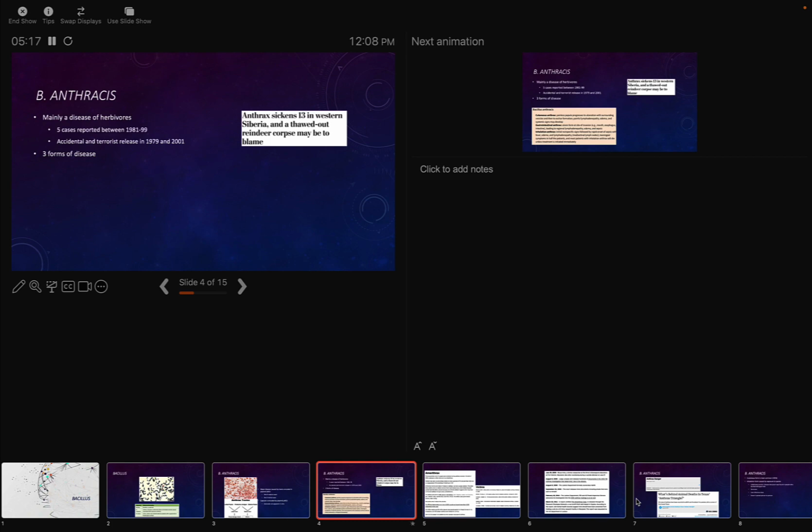Very, very uncommon. There have been 2 major releases of anthrax. One was accidental in the Soviet Union in 1979. One was purposeful as a type of bioterrorism in the US in 2001.